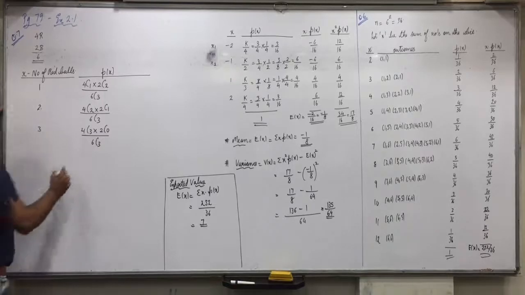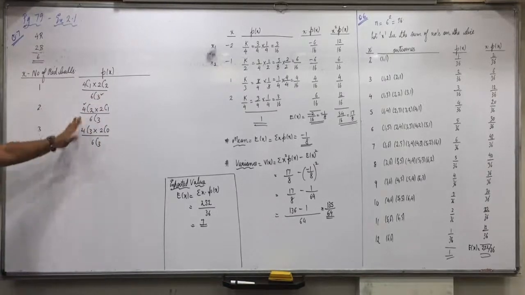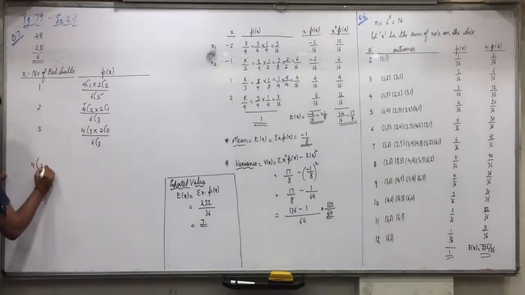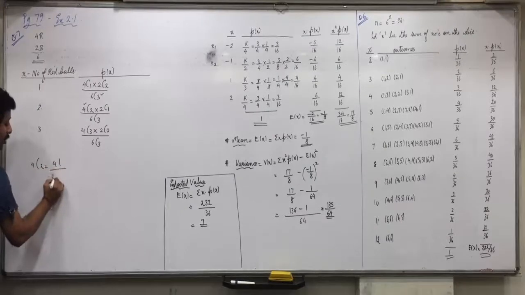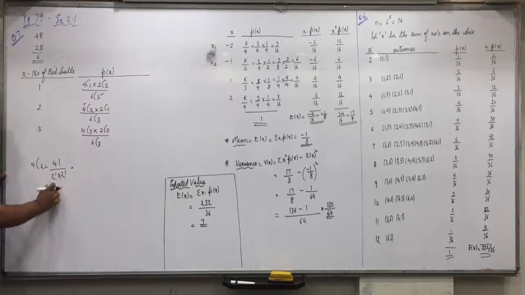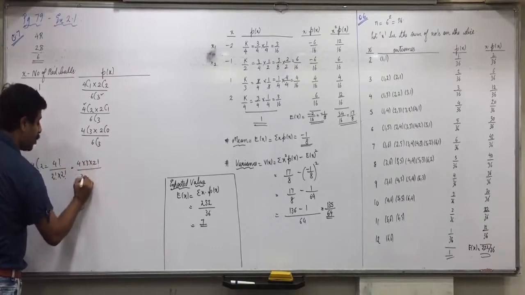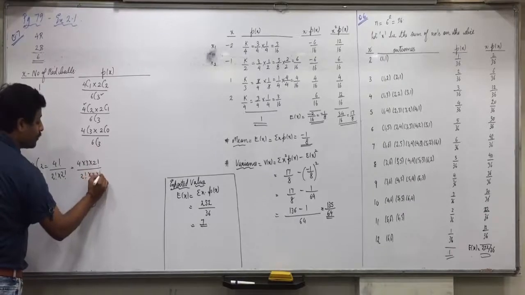Now calculation will be required only for 4C2 and 6C3 because the rest we directly know as per the notes. So 4C2 we know is 6, but it is 4 factorial upon 2 factorial into (4 minus 2) factorial. 4 into 3 into 2 factorial upon 2 factorial into 2 into 1.